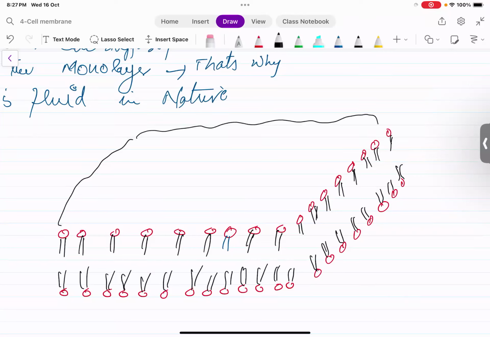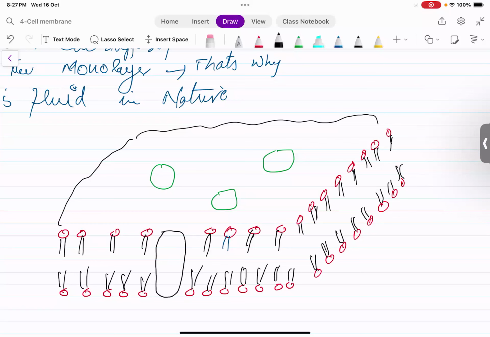If we look at it from the top view, you will see there are proteins scattered in it. So these are proteins scattered in a phospholipid bilayer, visible from the top view as shown in this drawing. And you can also see them spanning throughout the entire width of it.